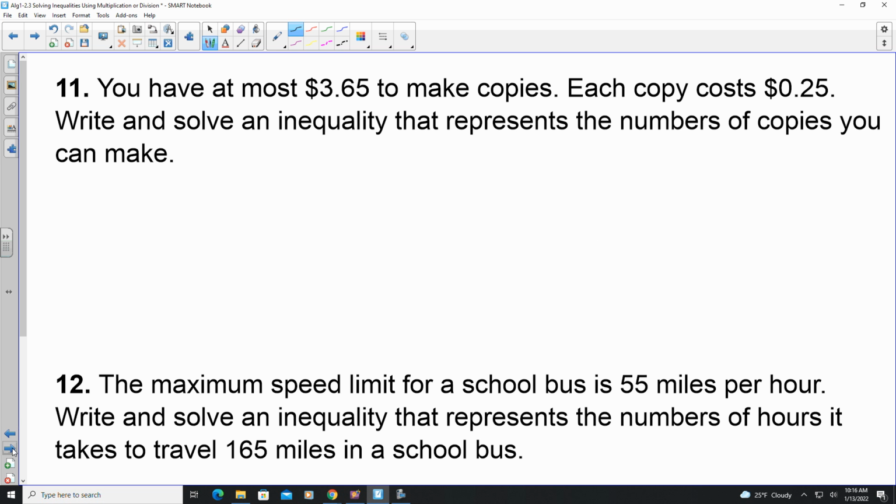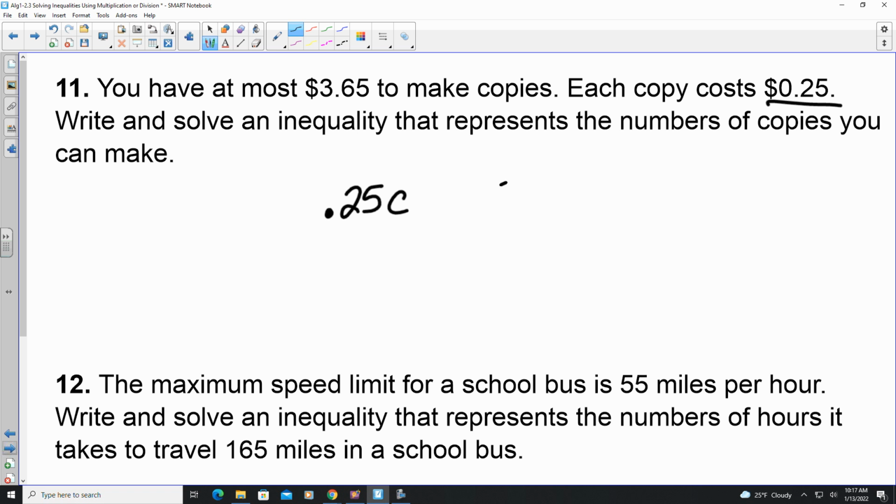Here it says you have at most $3.65 to make copies. Each copy is 25 cents. Write and solve an inequality that represents the number of copies you can make. So each copy is 25 cents, so 0.25 per copy. So we'll call that C for copy.